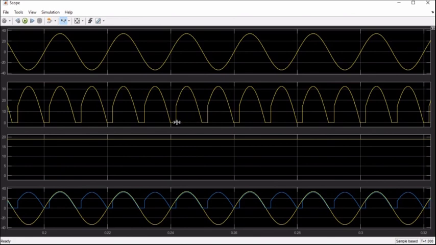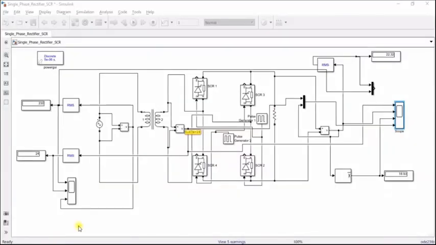Here we can clearly see that at a 30 degree alpha angle the SCRs are triggered, and this is the average output voltage value. Here we can see both input and output voltage values. The average voltage that we are getting is 18.93 for the input RMS voltage of 24 volts.